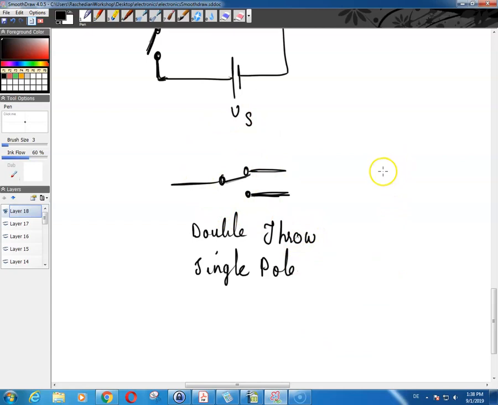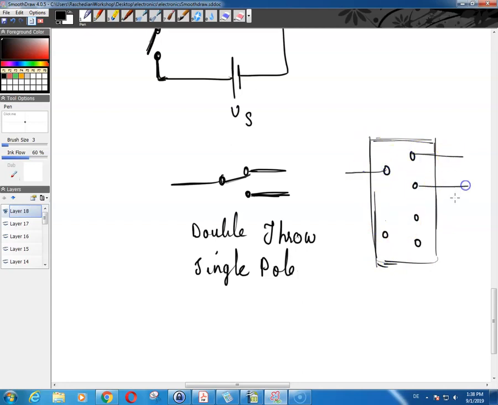But if you had something like this and this over here in one package, and then this was connected to out and out here, there would be one switch over here and one switch over here.